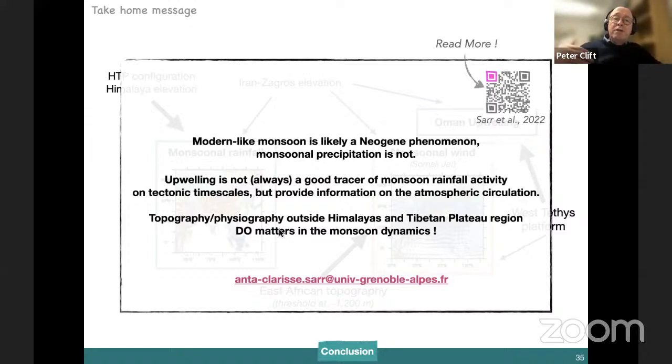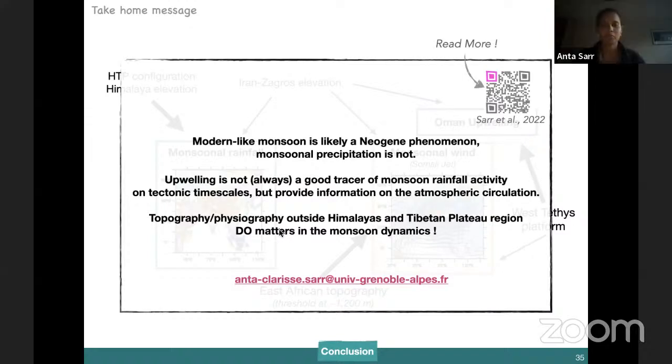If before the closure of the gateway, hot water was coming from the Western Pacific into the Indian Ocean, that should have an impact on the monsoon. Do you think that's going to be an important influence, or were you talking more about influences on the western side of the monsoon region?